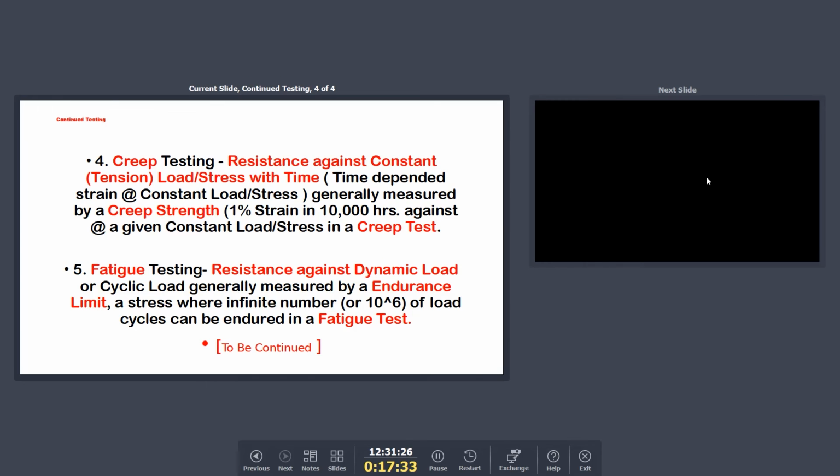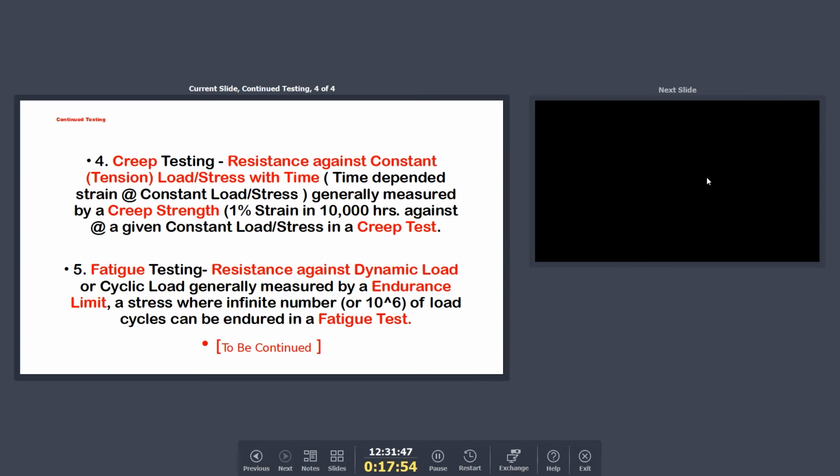Now it is replaced by a high nickel alloy, known as super alloy blades, because it has a large creep strength over steel material.